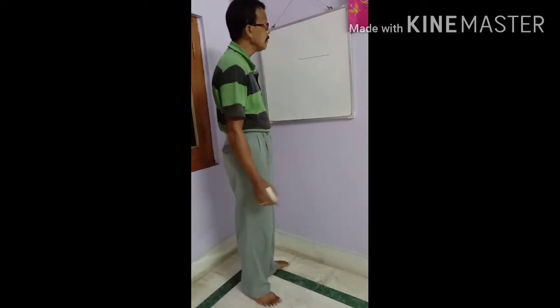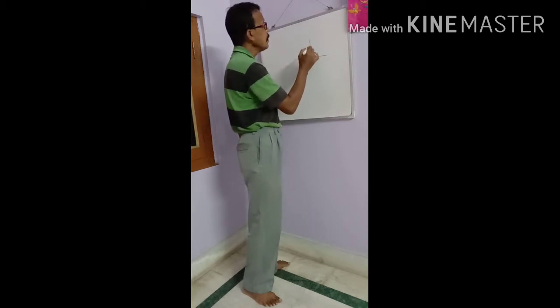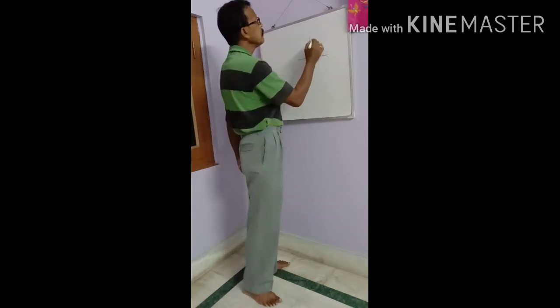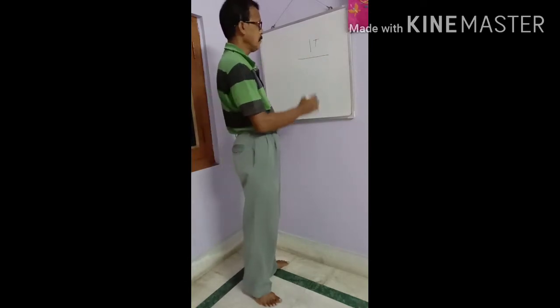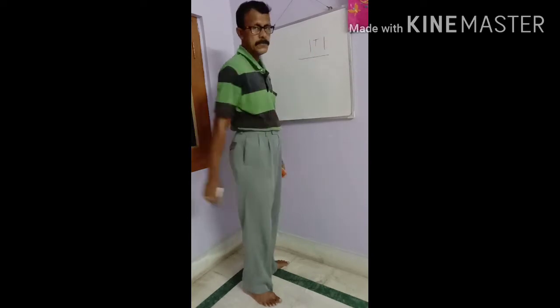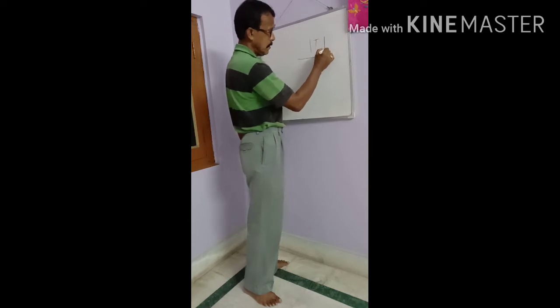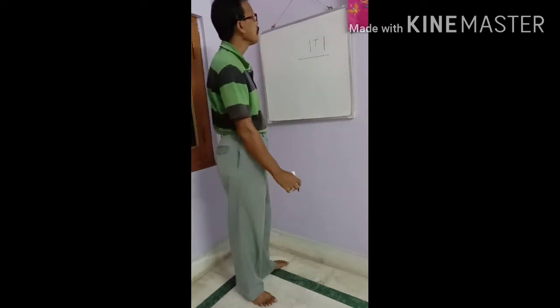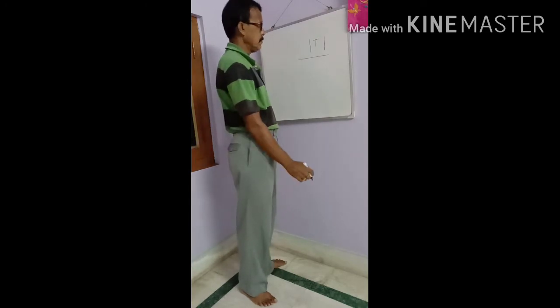For example, this is the T stroke, or D. You can write the D stroke. How will we use it?